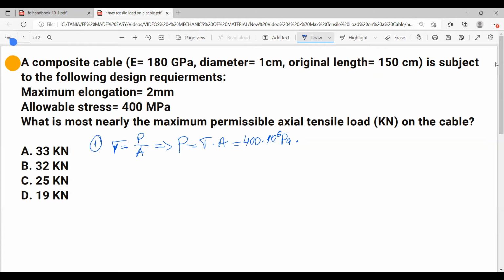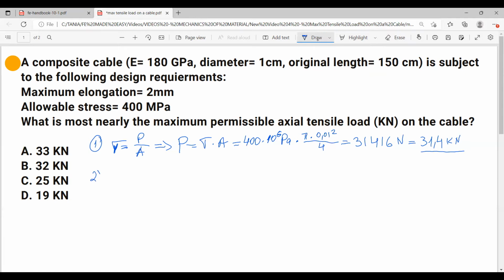So diameter is 1 centimeter, that means 0.01 meters, and the area is pi times diameter 0.01 squared over 4. And we get 31.416 newtons, and this will equal 31.4 kilonewtons. And this is our load, maximum load due to our allowable stress.